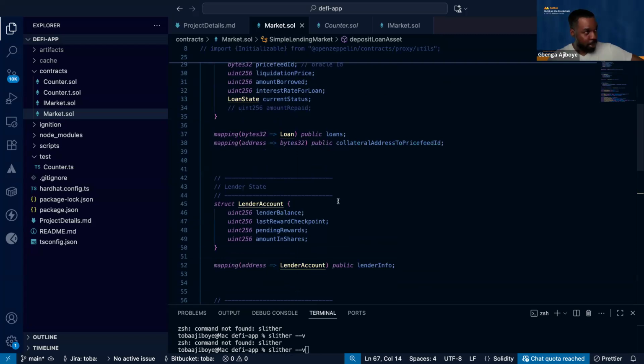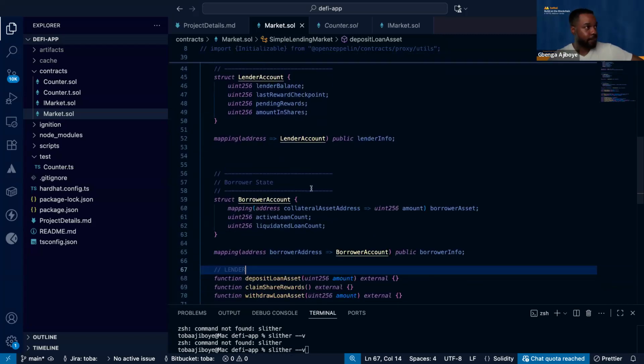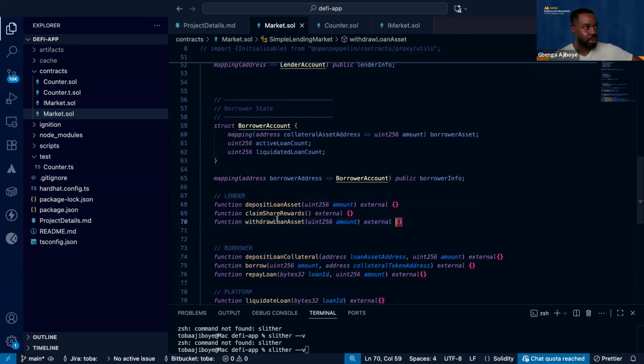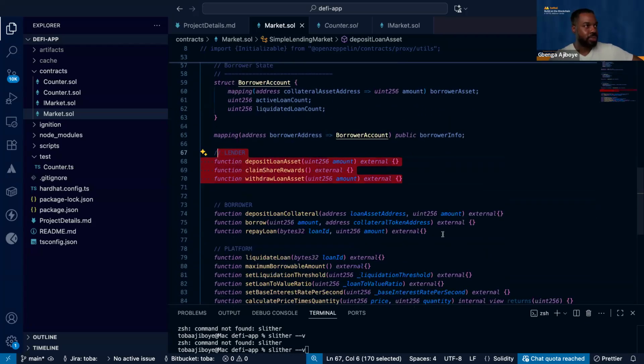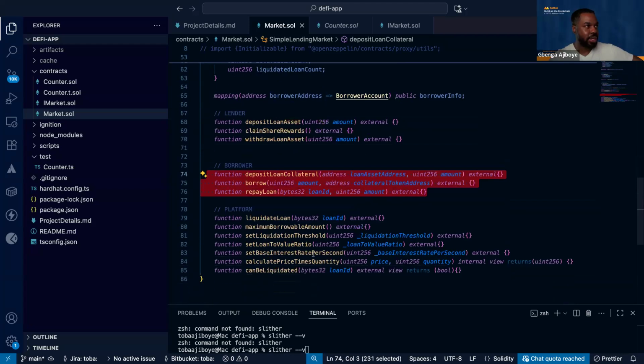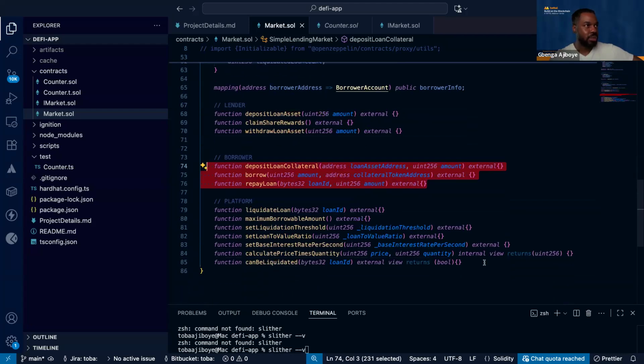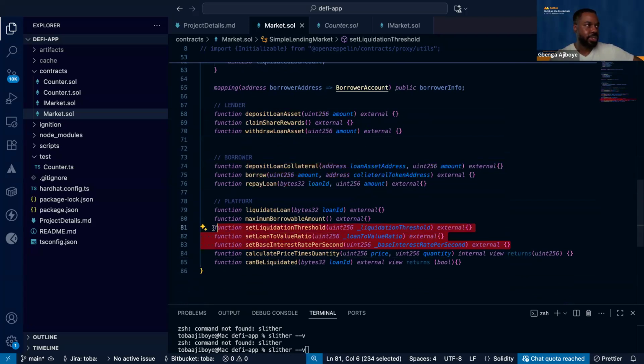The first point of business will be for me to write these lender functions. Once this is done, I would then write these ones, and then these ones. Looking at all this, I'm sure that you guys can actually write this function. You don't need my help to do that.